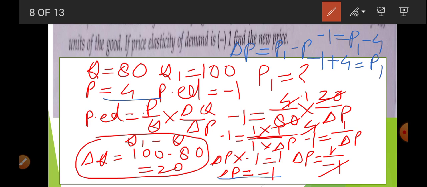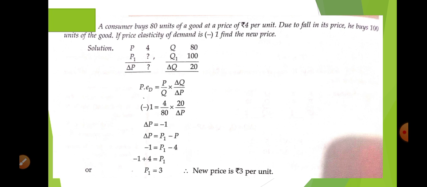So plus and minus, it becomes 3. So P1 is 3. That is your answer. Okay students, so here it is given: the new price is 3.